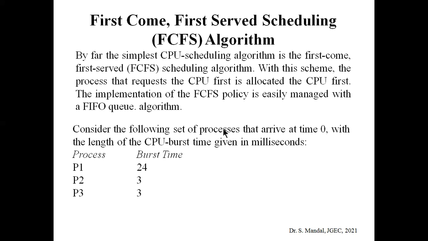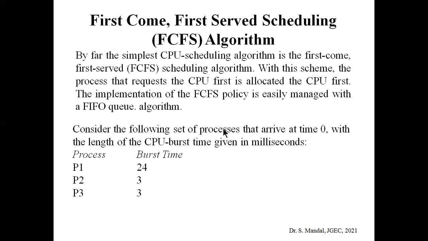Now coming to the first algorithm, that is the first come first serve scheduling algorithm, or we can also call it the FCFS algorithm. As the name suggests, it is the simplest scheduling algorithm, and with this scheme, the process that requests the CPU first is allocated the CPU first.